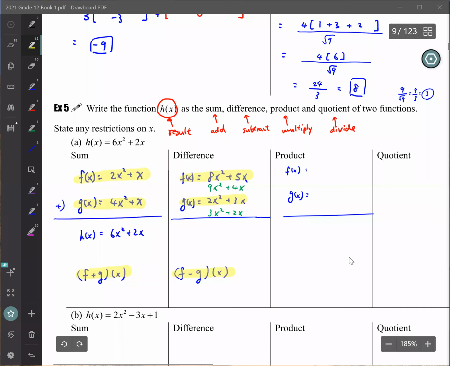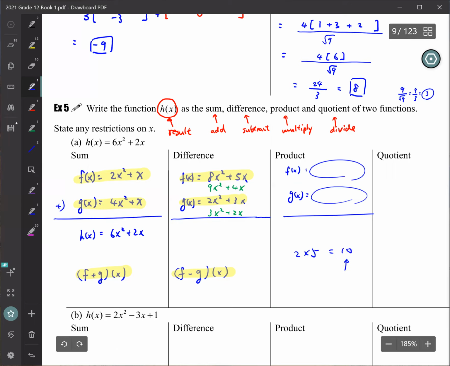Let's look at product now. Product means we need to multiply the two functions together to get our h. So h is the result. These two we can call the factors. For example, 2 times 5 equals 10.